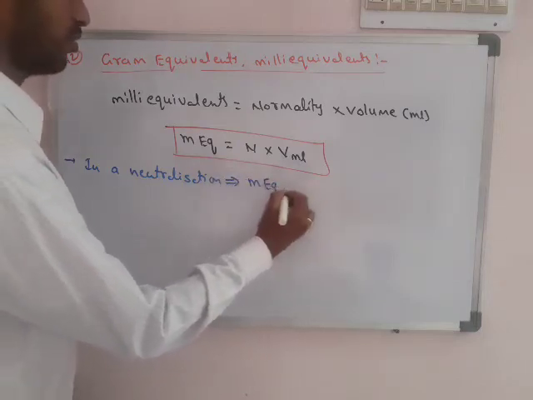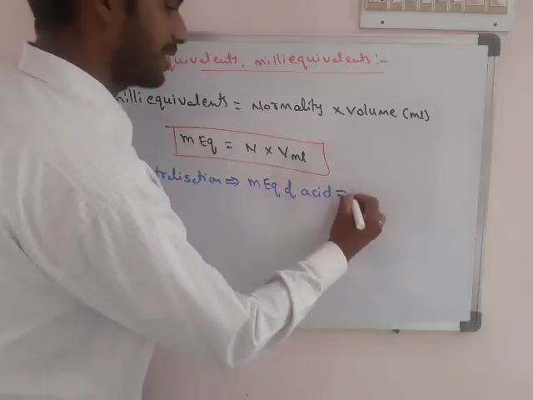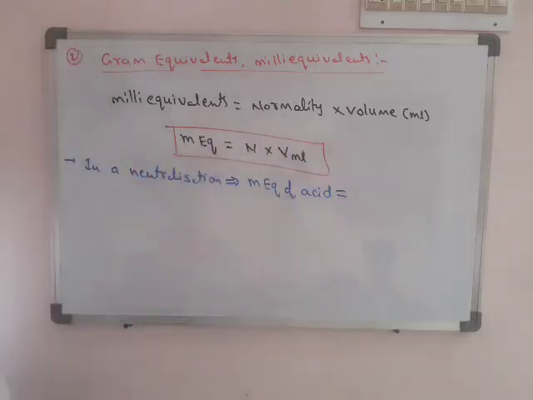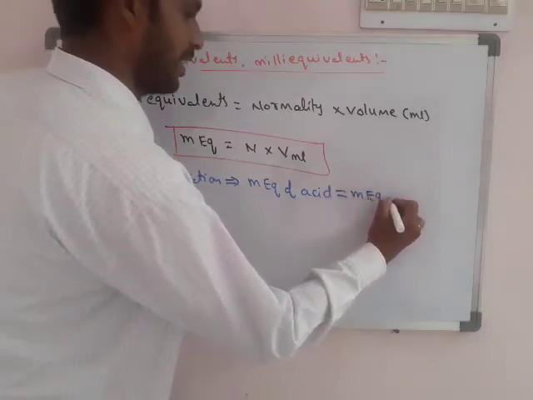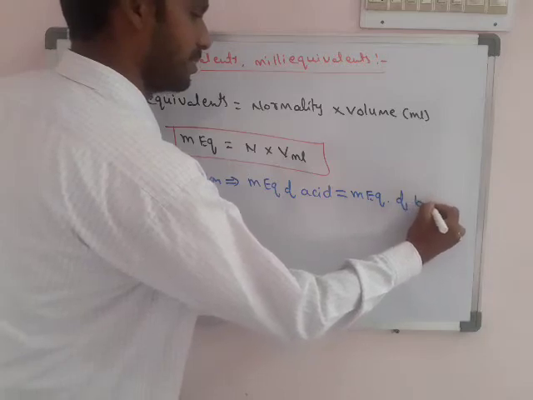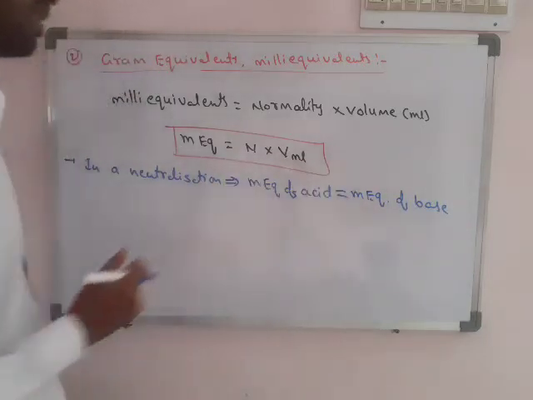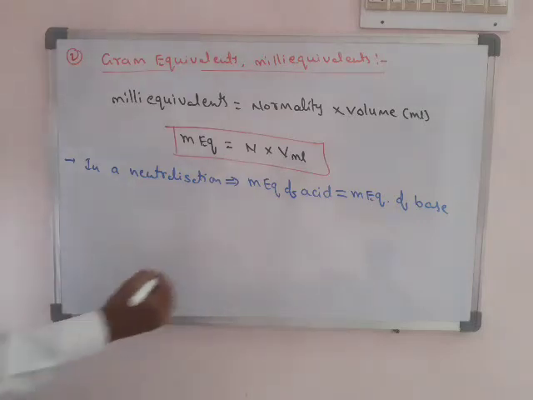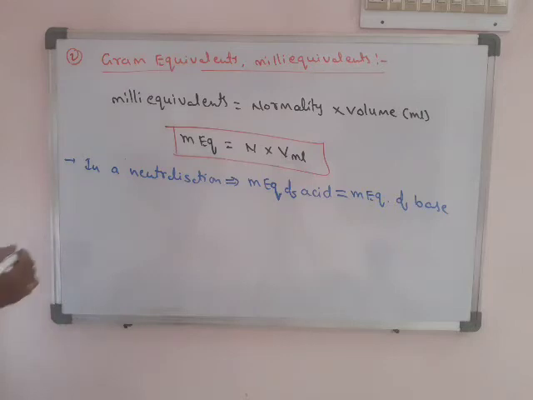milli equivalence of acid is exactly equal to milli equivalence of base. So simply we got the relation between the acid and base which undergo the neutralization reaction.